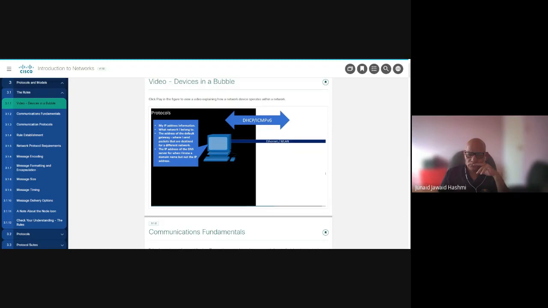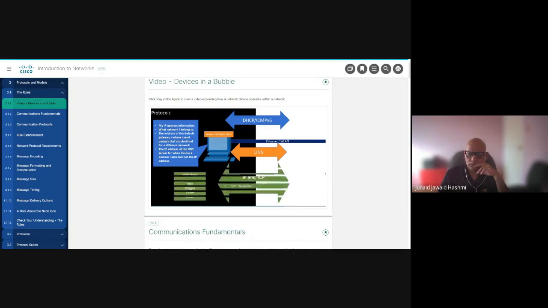For instance, when a user requests a web page from a web server, such as www.example.com, the device asks the DNS server for the IP address of the domain name www.example.com. IP is used to deliver the packet from the source of the information to its final destination, in this case the web server, similar to sending a letter.